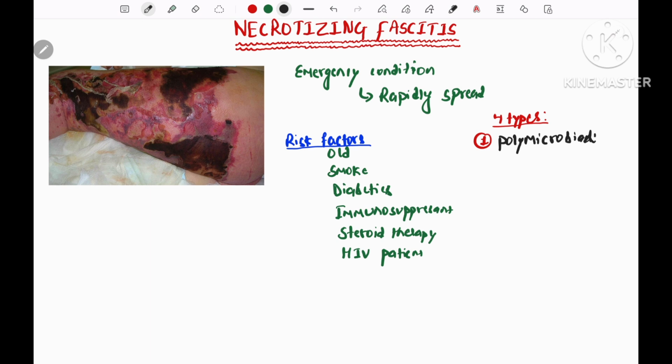In polymicrobial, there is non-group A streptococci along with anaerobes or clostridia or E. coli. These are the organisms which are found in polymicrobial.